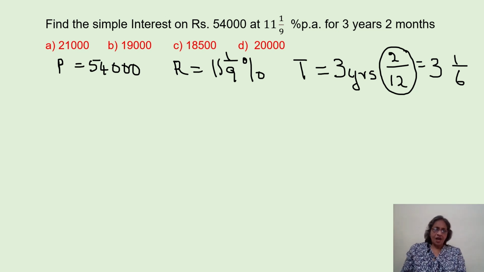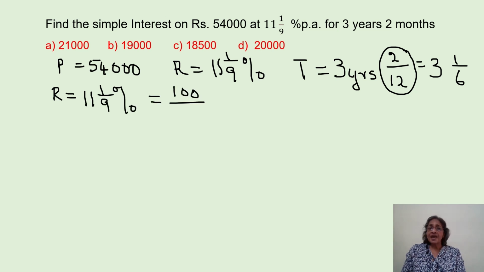So here I am going to take the ratio method. So my rate is given as 11, 1/9%. Now we have done percentages earlier. I have explained percentages even when I have done the topic of profit and loss. So this becomes, what I have done is I have converted the percentage to a ratio, and this comes out to be 1/9. So now you'll see what happens here.